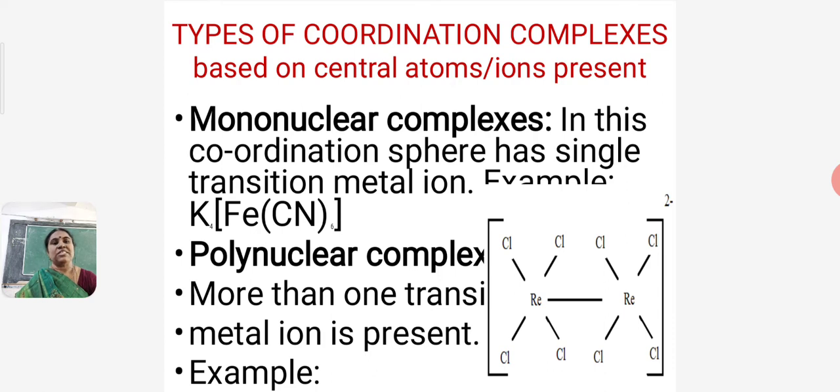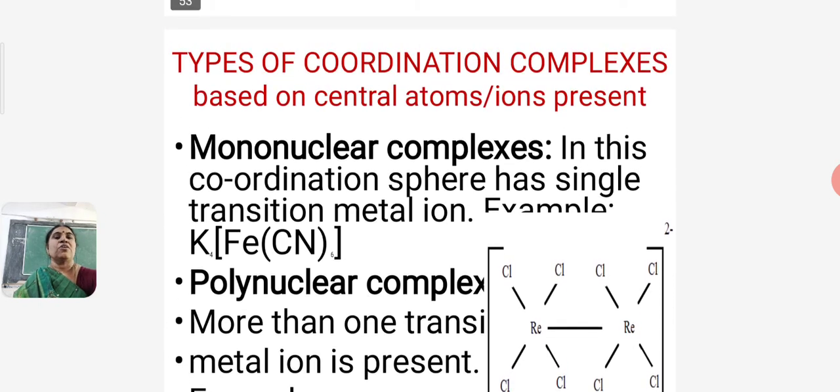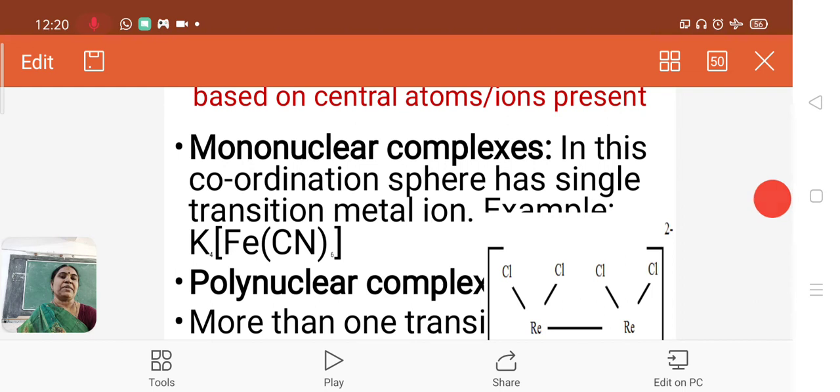If you consider the example of potassium hexacyanoferrate, the complex contains only one central metal atom. So what is the central metal atom in this complex? It is the iron atom. And how many iron atoms are present in this complex? Only one iron atom. So you can say that it is a mononuclear complex.